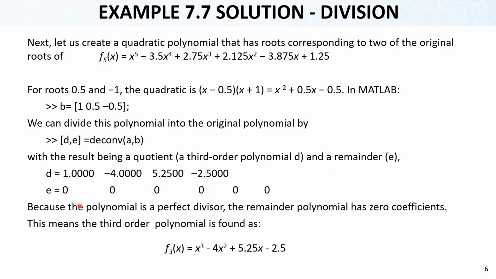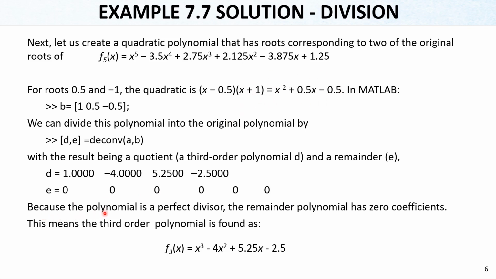Remainder means maybe these are not divisible and there can be some remainders, but here it seems it is divisible because actually these are just multiplications of these. That's why these are 0. If these were not multiplications of these, it wouldn't be divided accurately, so there would be some remainder here, but it is not the case for this function.